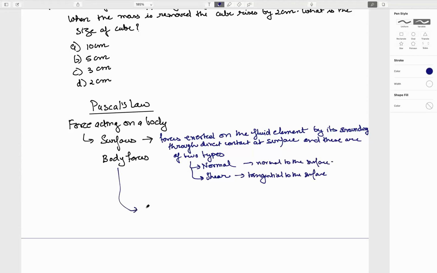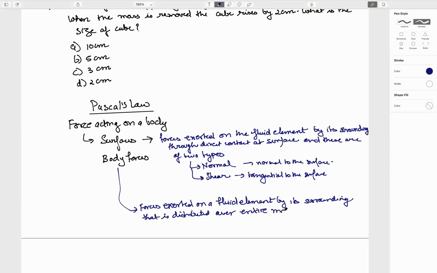Body forces are forces exerted on a fluid element that are distributed over the entire mass uniformly.